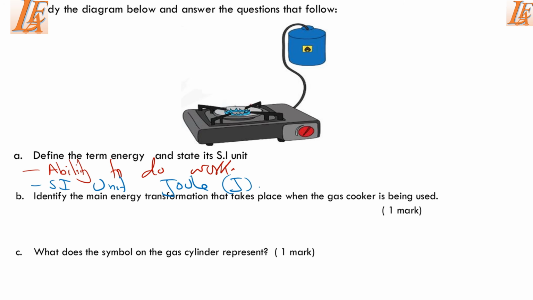Then question B, identify the main energy transformation that takes place when the gas cooker is being used. When you are using the gas cooker, remember we have a gas inside, which is a chemical. So in this case, we begin with chemical energy, then getting transformed to heat energy.